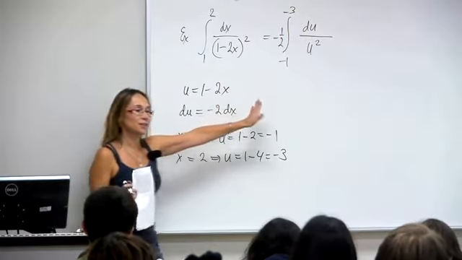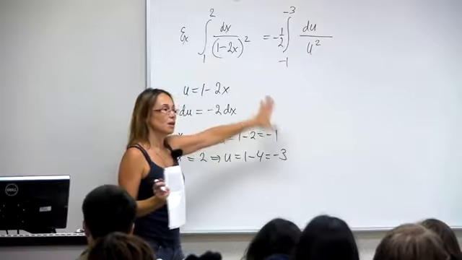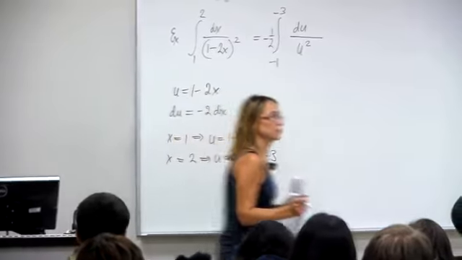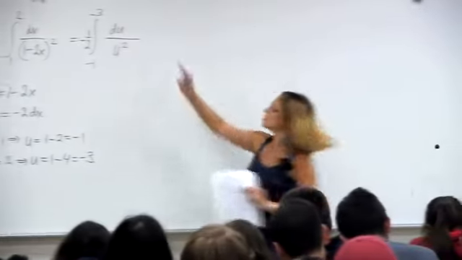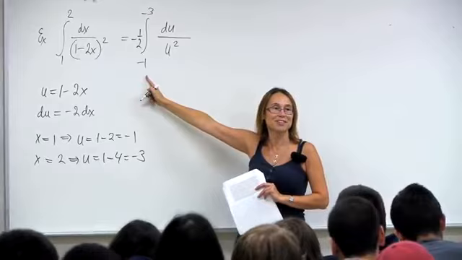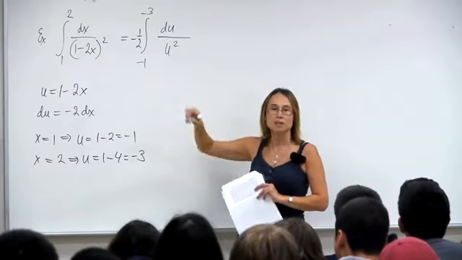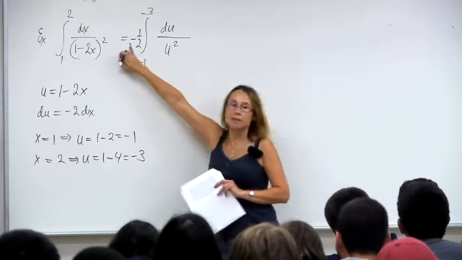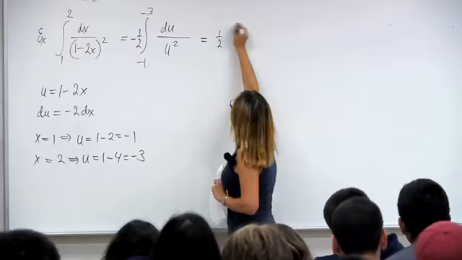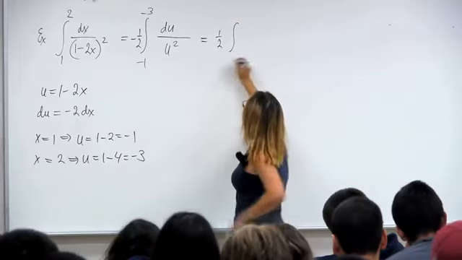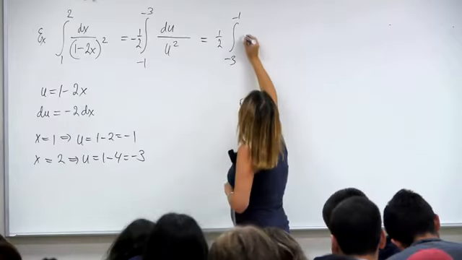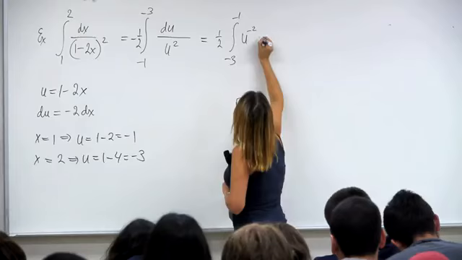Okay, so this is something that I can evaluate. It's all in terms of u, and it has the correct limits. Now, just technical details. If you notice, I'm integrating from right to left here. Can you see that? I go from minus 1 to minus 3. I don't want to do that, and conveniently, I have a minus sign here, so I can kill two birds with one stone. I get rid of the minus sign and switch my integration such that it goes from left to right.